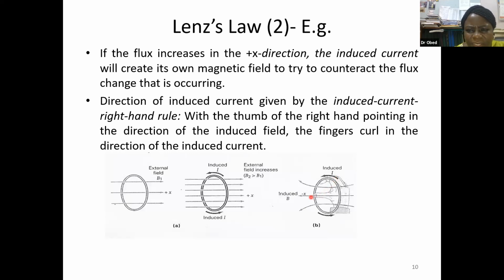That's what we are trying to say: if the flux increases in the positive X direction, the induced current will create its own magnetic field to try to counteract the flux change that is occurring. So this is negative, this is positive, trying to counteract the increase in flux that is occurring.